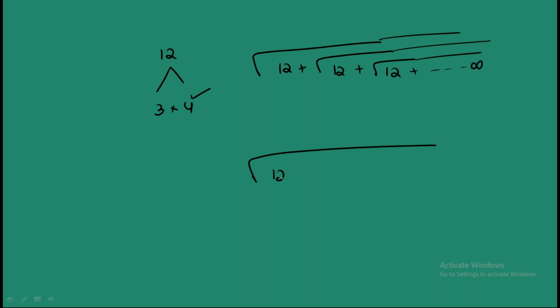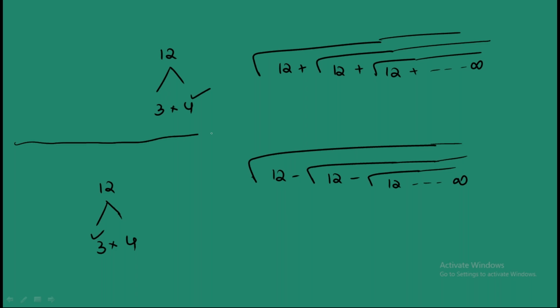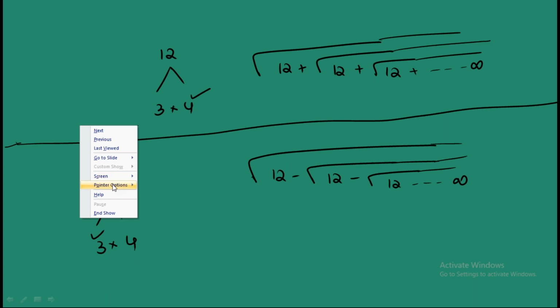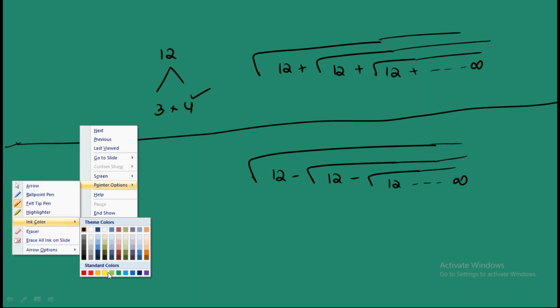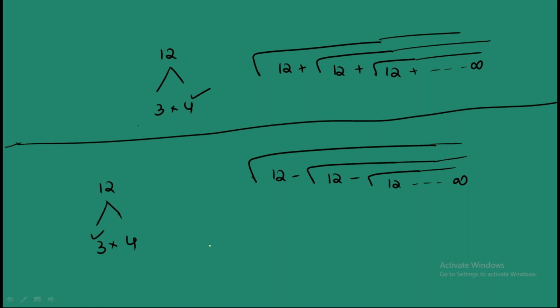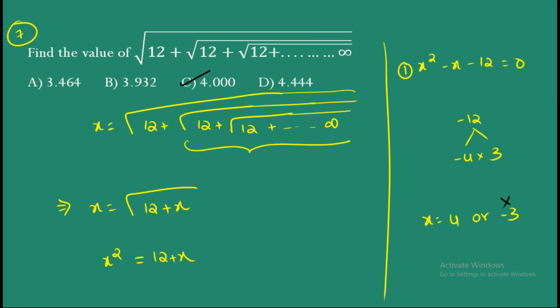If it is negative terms, you should write the product of two adjacent numbers. 12 can be taken as 3 into 4, it's 3. Okay, if it is a negative term, we should go with 3. If it is a positive term, we should go with 4 actually. But you should write it as the product of two adjacent numbers: 3 into 4, 4 into 5, 5 into 6, like that, for the given number.